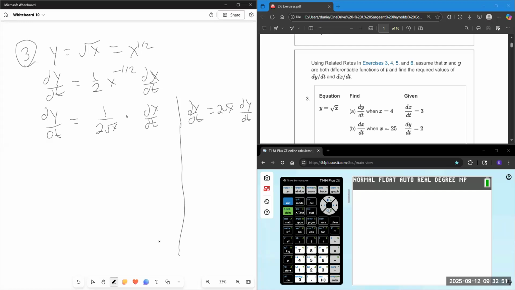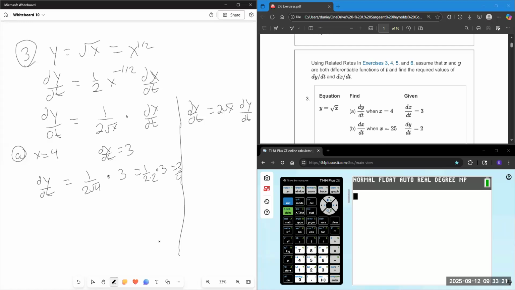Part A asks me to find dy/dt given x equals 4 and dx/dt is equal to 3. So dy/dt is equal to 1/2 root 4 times 3, which is 1/2 times 2 times 3, is 3/4.